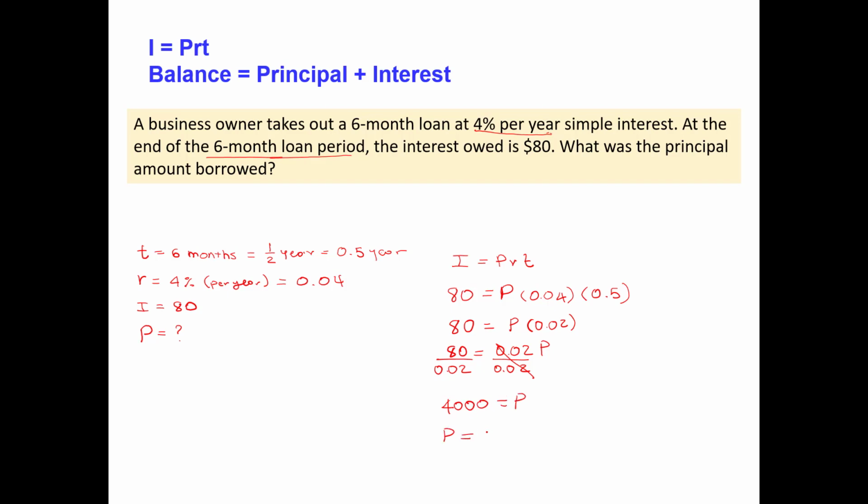So the principal is $4,000. Then the principal amount he borrowed was $4,000. In this problem, you need to be careful with the units of the time and the rate. These two units must be the same.